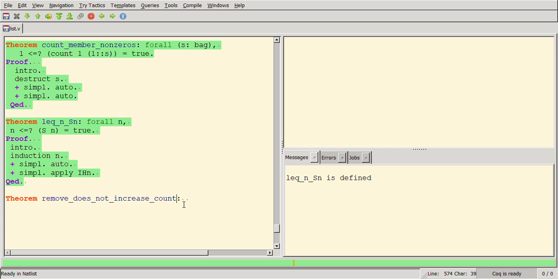the number of counts. Let me put the statement of the theorem, and we can then see what this theorem says.